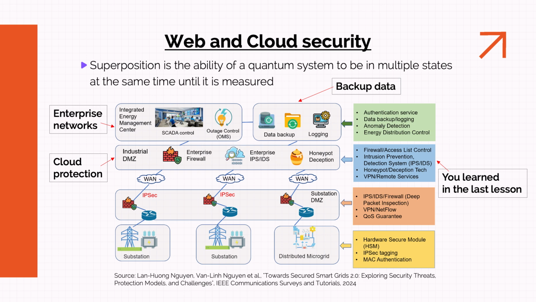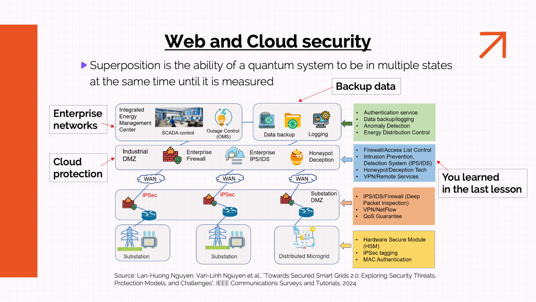So how do they use it in practice? If you see on the screen, to protect this SCADA or this kind of smart factory control, you can see many layers protecting the system. They can use enterprise IPS, enterprise firewall, and a DMZ, or honeypot or deception system.